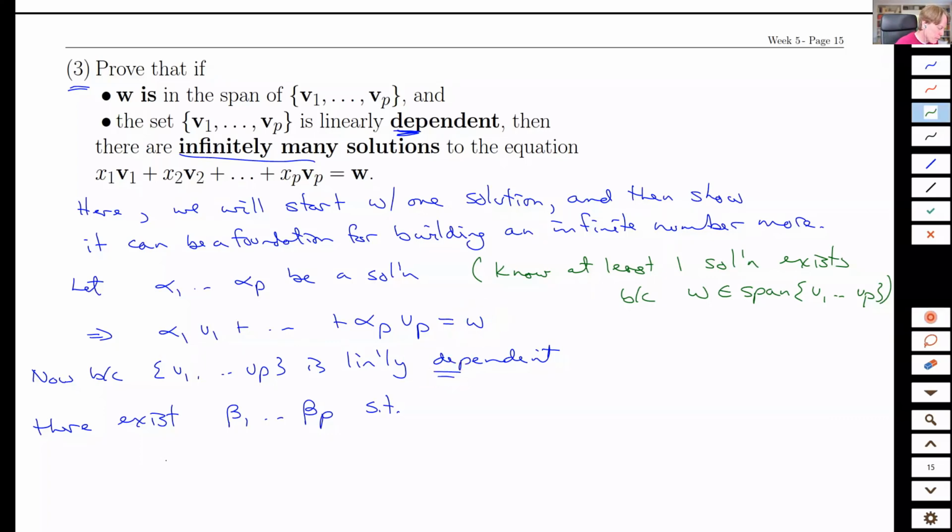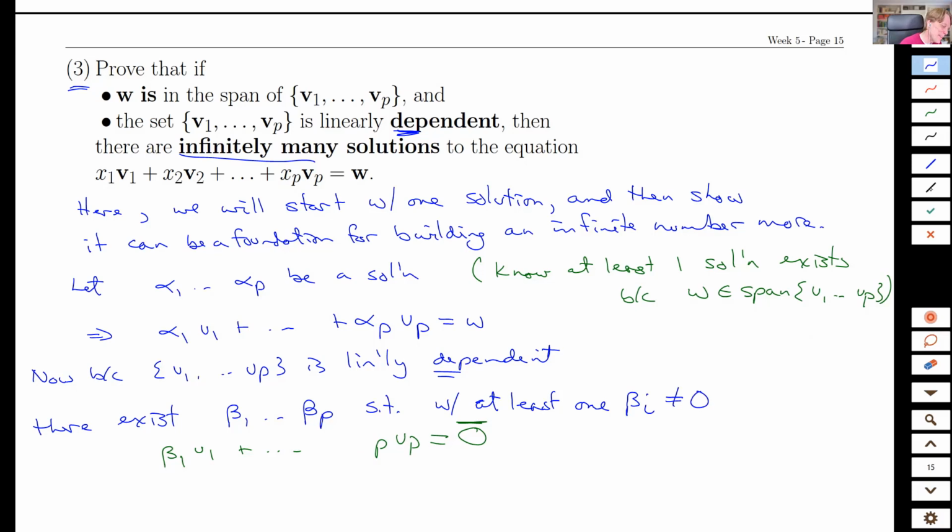So I'm going to put it in a different color just to contrast. beta 1 v1 plus all the way out to beta p vp equals the 0 vector, with at least one beta i not equal to 0.